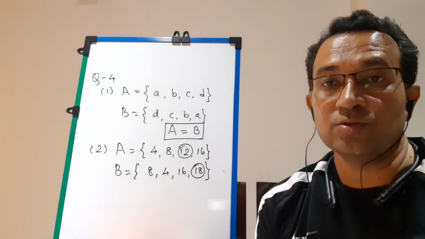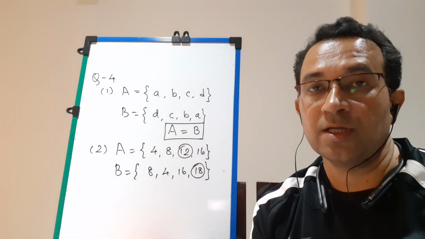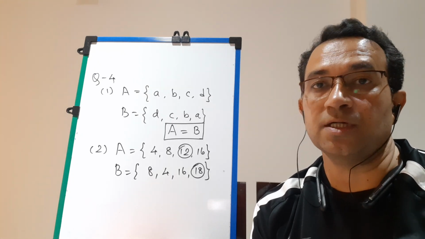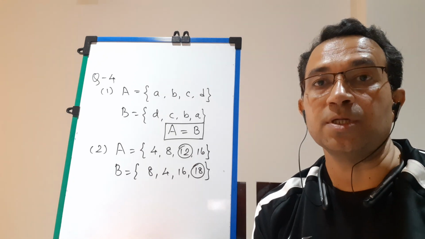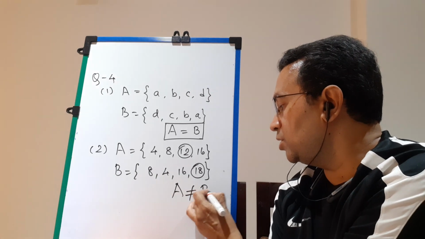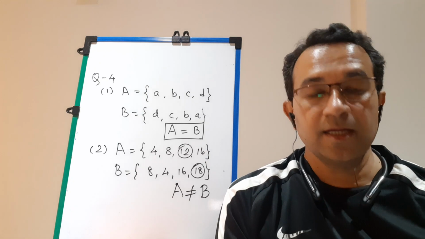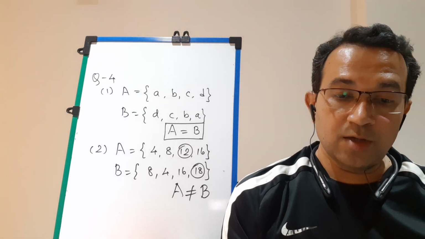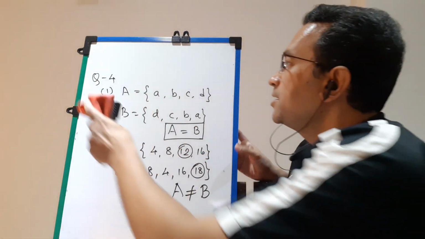So according to the definition of equal sets, the corresponding elements are not the same. The number of elements is the same, but the corresponding elements are not the same. So A is not equal to B. What answer, students, can we write? A is not equal to B. Now, students, the third pair. Let us check the third pair.